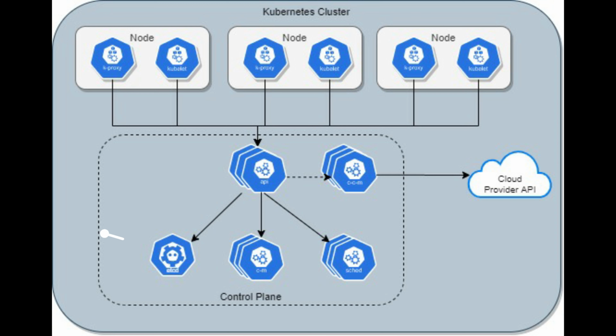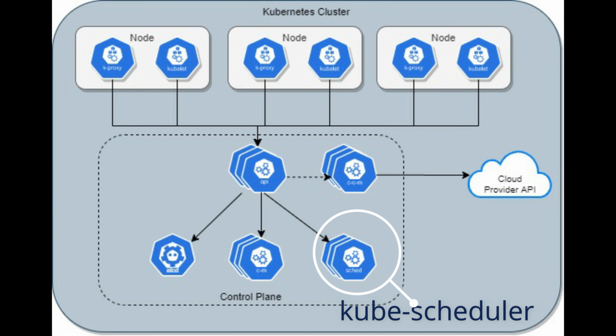The next component is called etcd, a consistent and highly available key value store used as Kubernetes' backing store for all the cluster data. If your Kubernetes cluster uses etcd as its backing store, then you need to make sure that you have a backup plan available for that data.